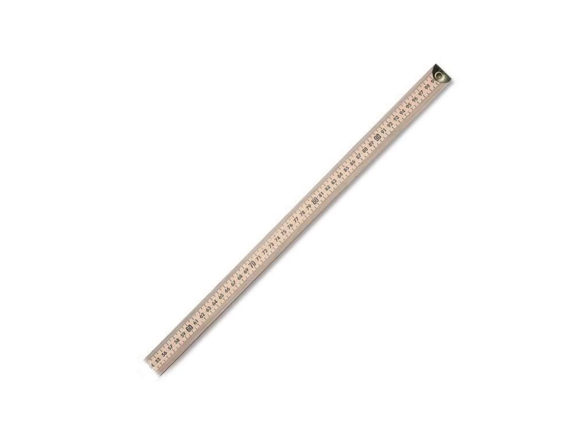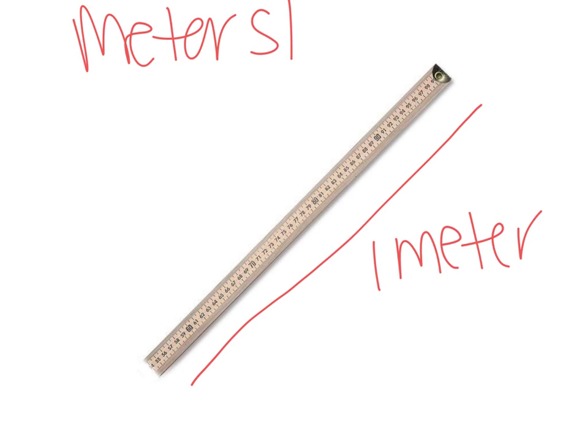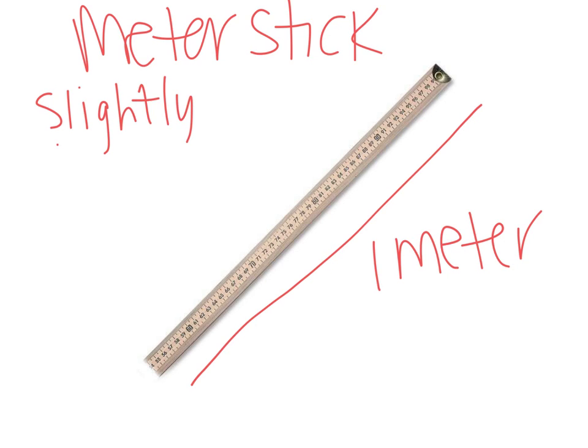Our meter stick's whole length is also 1 meter. But meter sticks and yardsticks are almost about the same length. So a meter stick is just slightly more than 1 yard.